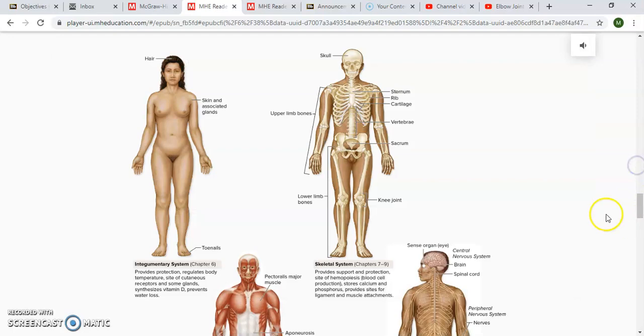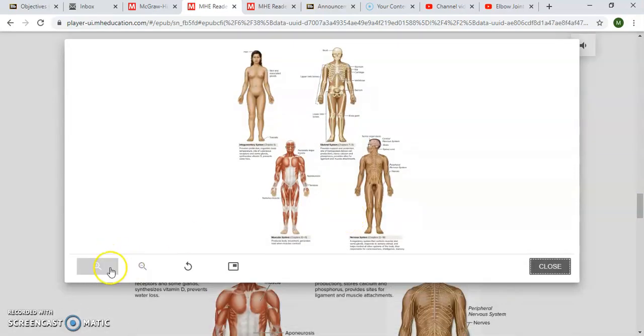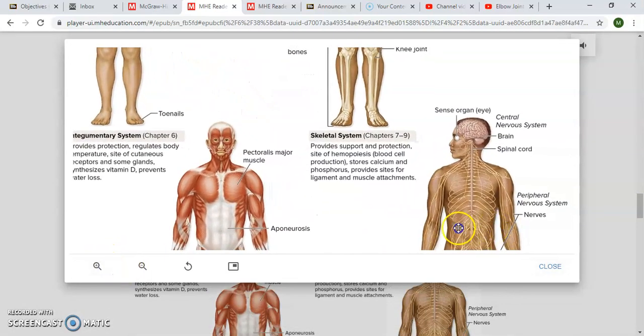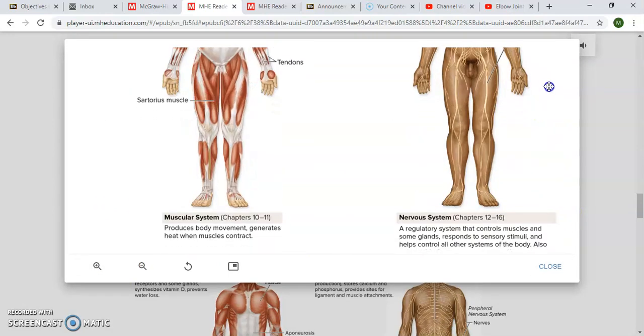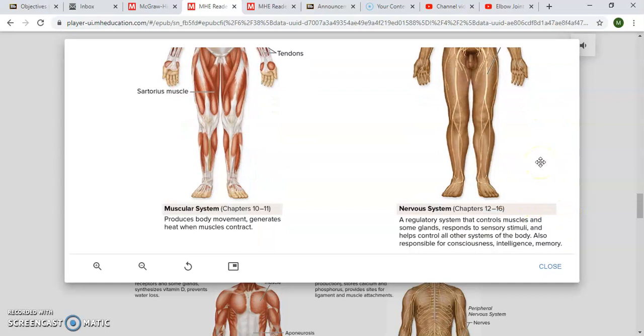And then the nervous system, which I kind of mentioned before, is mainly communication: brain, spinal cord, and nerves. It does a lot of regulating. There are two main systems that are really involved in orchestrating all the processes going on, and the nervous system is one of those. It controls the muscles of the body, so muscles aren't going to contract unless the nervous system tells them to.